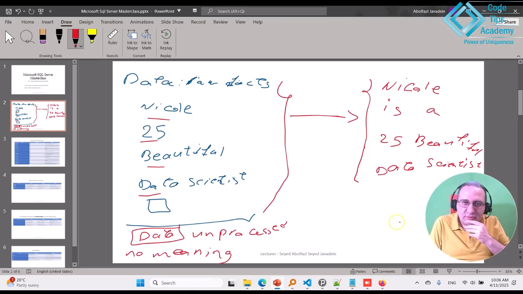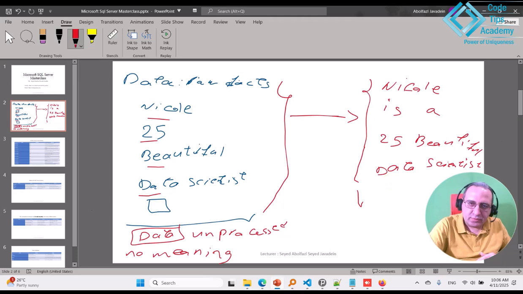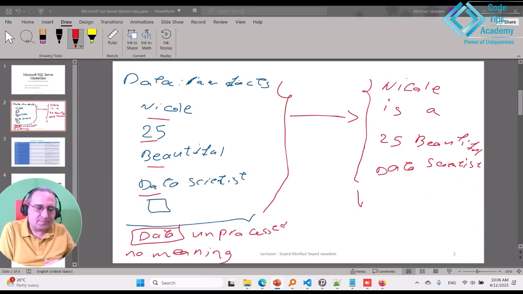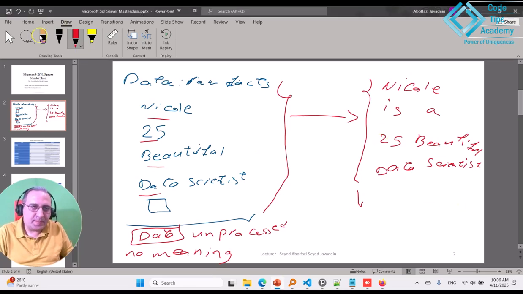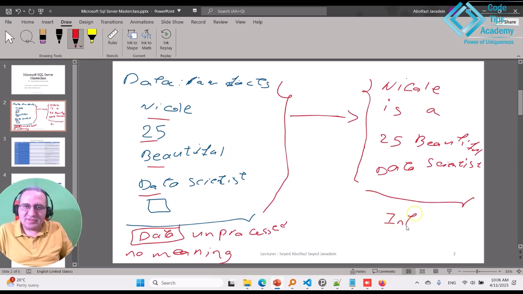Now, if you see, I change this to here. This is the information that is extracted from raw data.